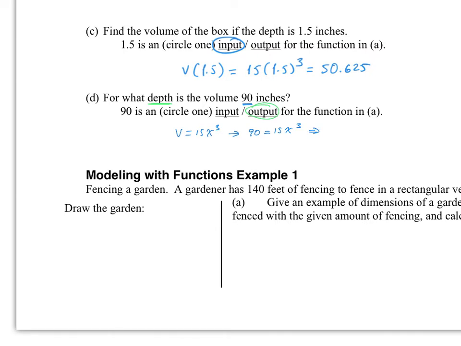If we divide by 15 on both sides, we have x cubed equals 90 over 15, which is equal to 6. So therefore x is going to be the cube root of 6, which is around 1.8. So the depth of the box has to be at least 1.8 to have a volume of 90 inches cubed.